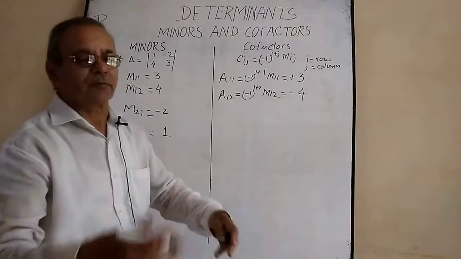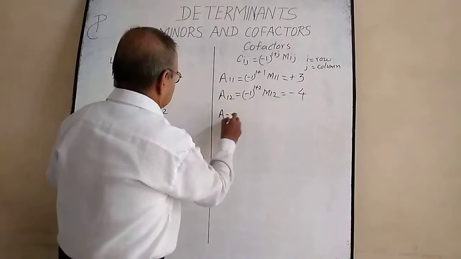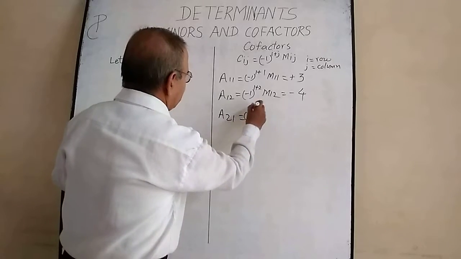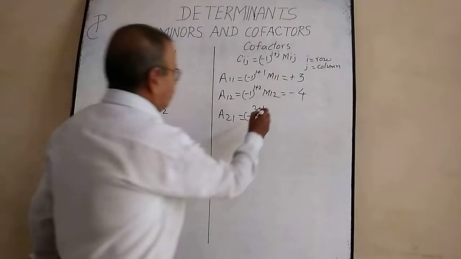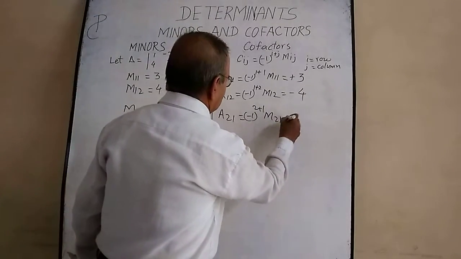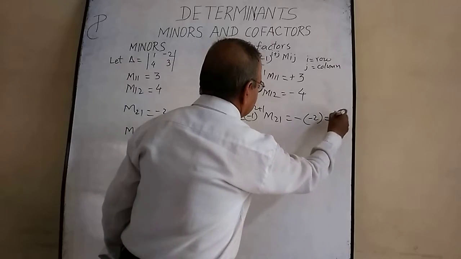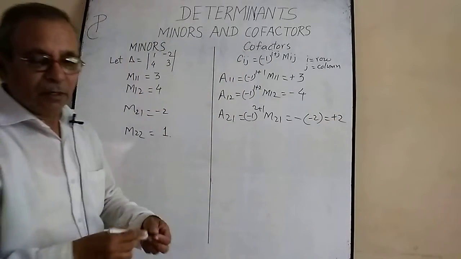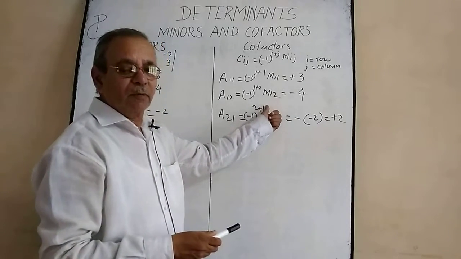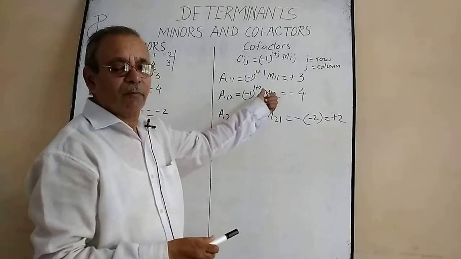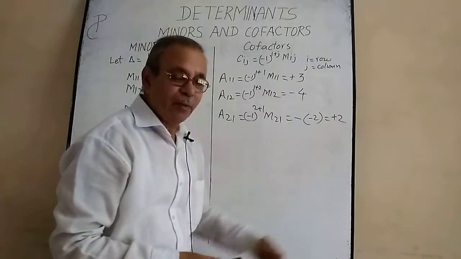Alternate plus minus is coming. And C21 is -1 to the power second row plus first column, times M21, and that is equal to minus, and -2 becomes +2. Here we observe that the power of -1 is 2 plus 1, which means 3, and -1 to the power 3 is minus, and this minus and this minus becomes plus.